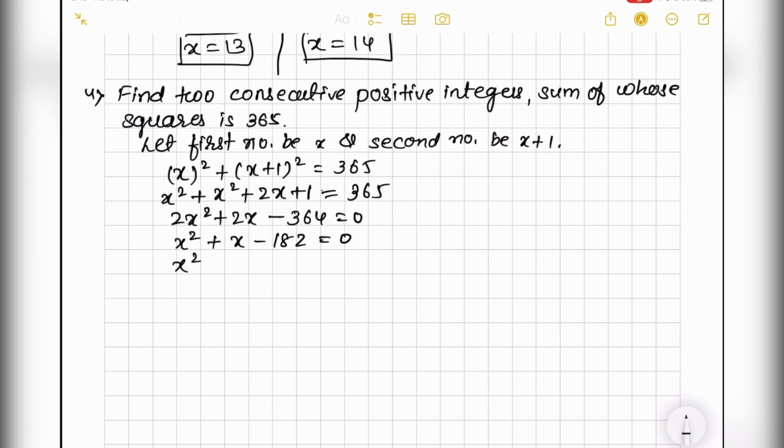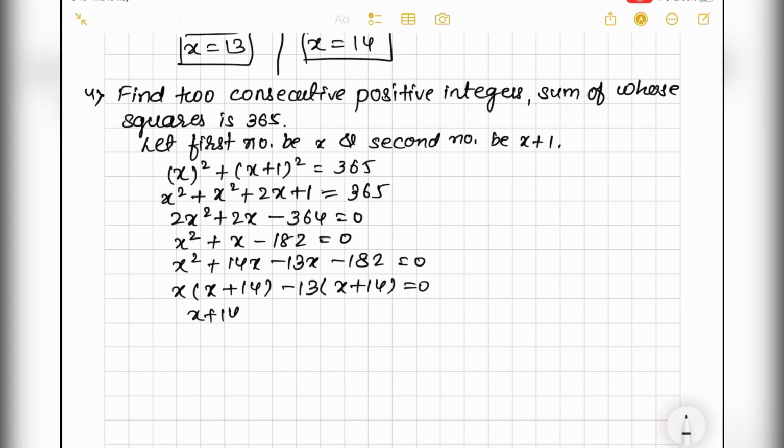So x² + 14x - 13x - 182 = 0. So x common from the first two, x(x + 14), and -13 common, so (x + 14)(x - 13) = 0. So either x + 14 will be 0 or x - 13 will be 0.